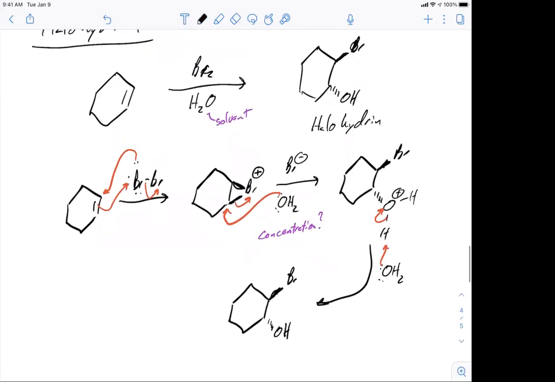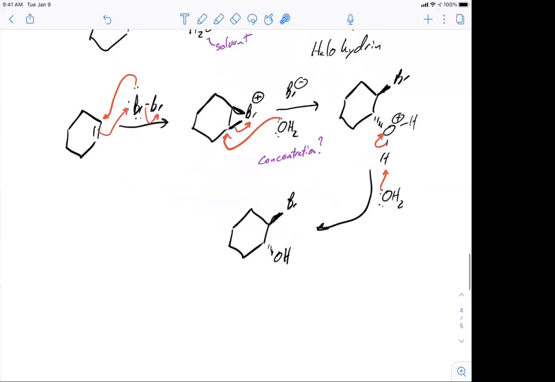Okay, so we have nucleophilic attack on the bromine, the leaving group leaves, and a lone pair comes back to form the brominium ion. Then the brominium ion is attacked by the solvent, which is my water. That creates this protonated species, and proton transfer gives me my halohydrin. Okay.